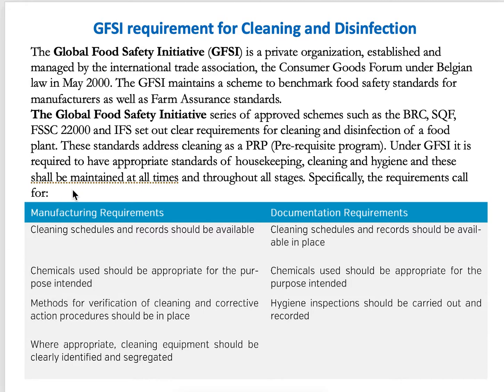One such organization is GFSI. The full form of GFSI is Global Food Safety Initiative. It is a private organization which was established and managed by the International Trade Association, the Consumer Goods Forum, under Belgian law in May 2000.